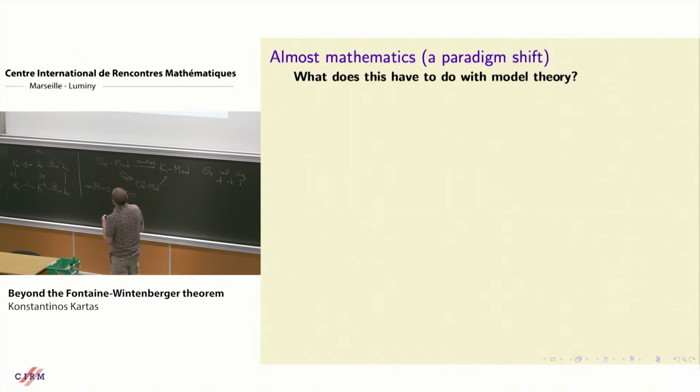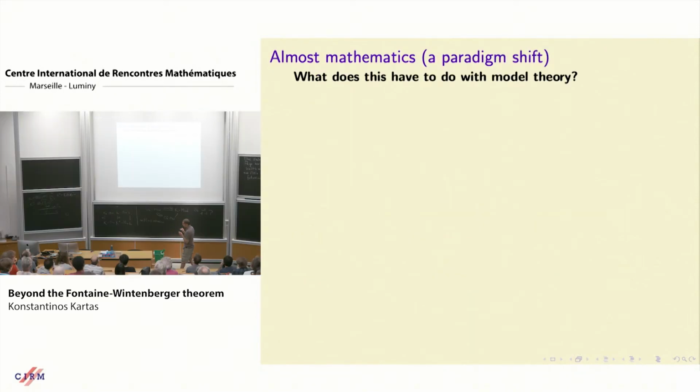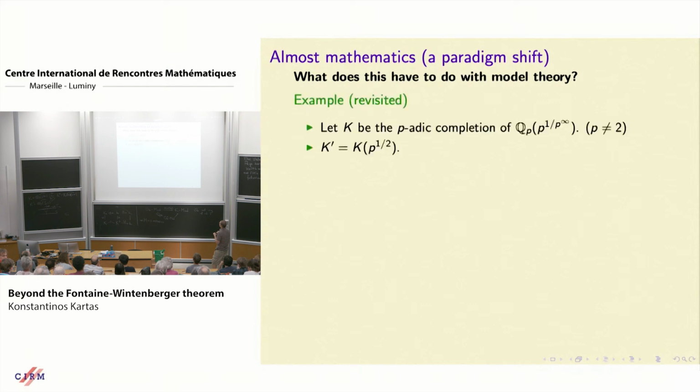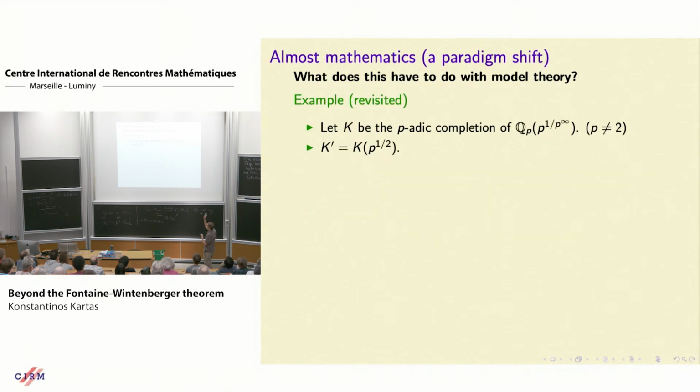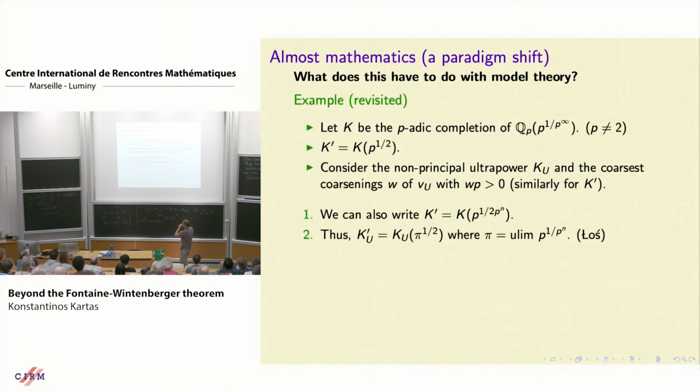Okay, so now I'm starting over again. I'm looking at the same example as before, just to remind you of the setting, but now I'm going to look at the situation at the ultrapower level.